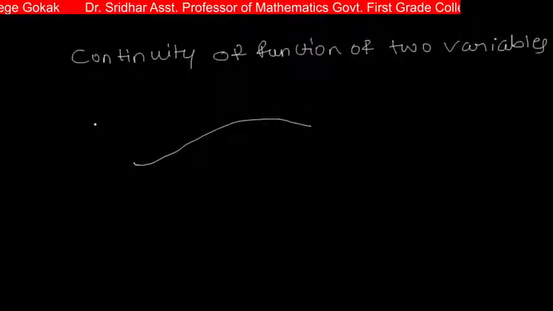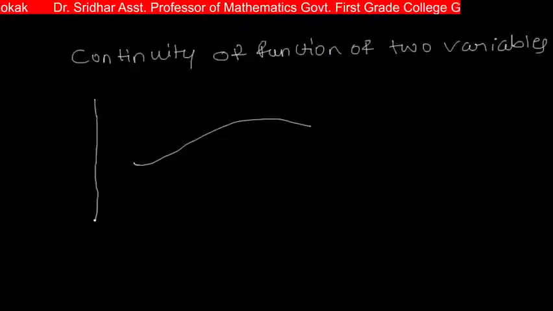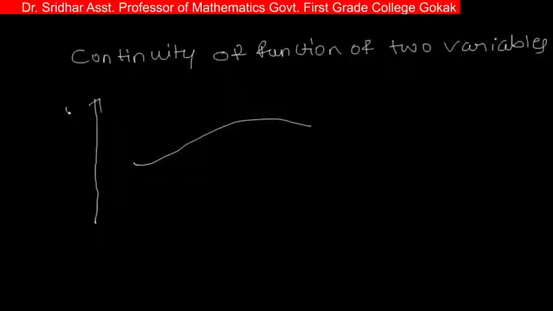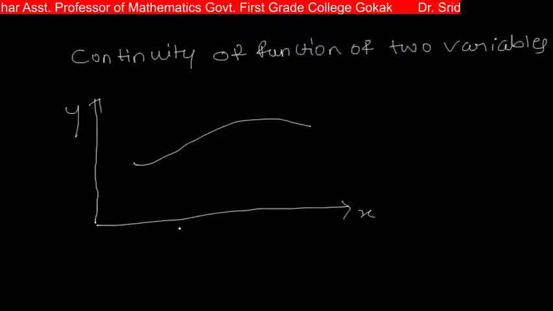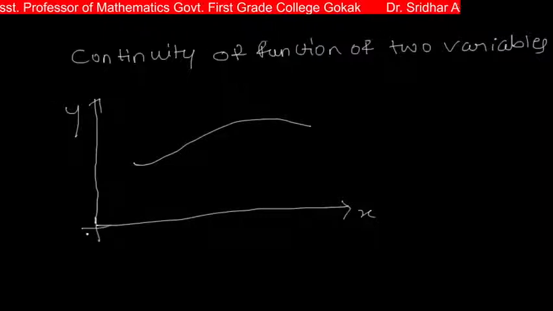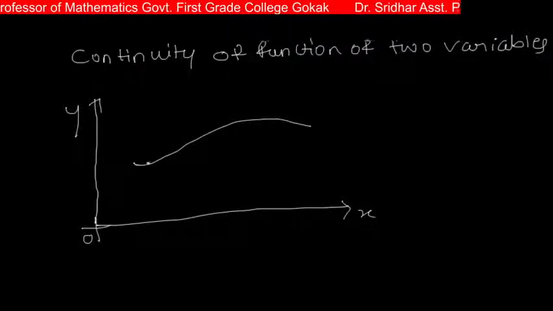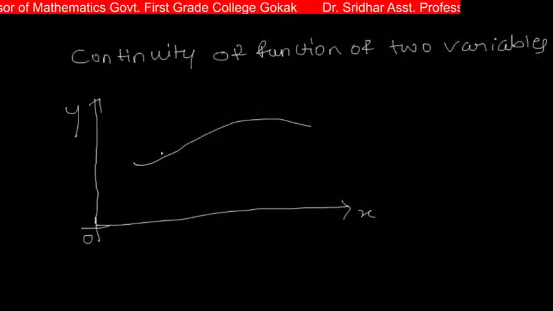So what do we mean by continuity? Suppose this is a curve, and this is the y axis and this one is the x axis, and this is the origin, and this is a curve, correct?